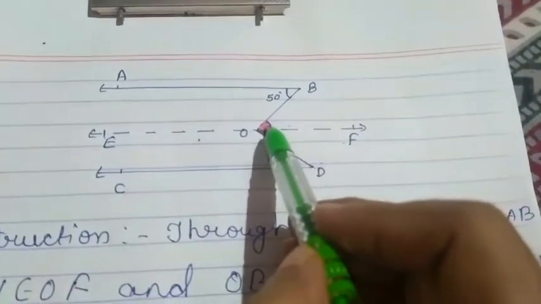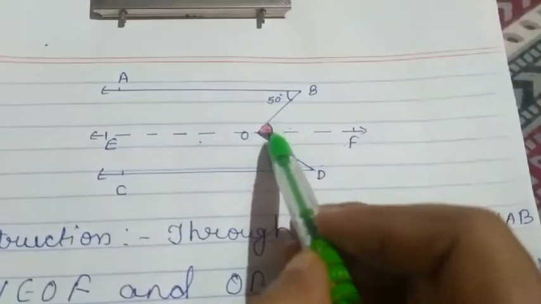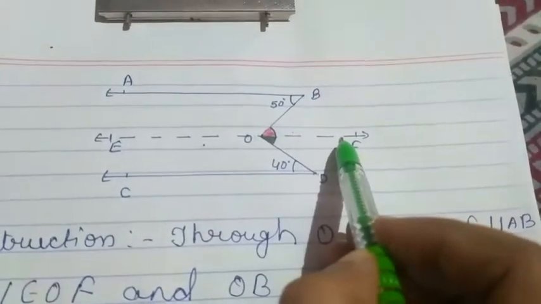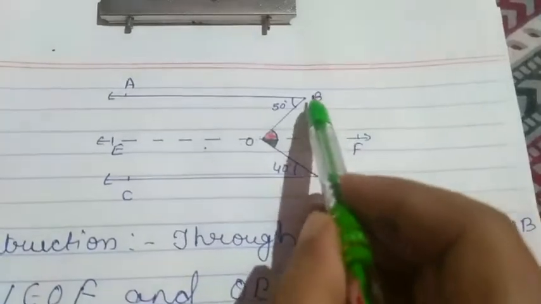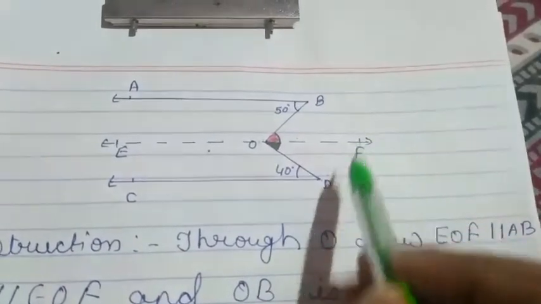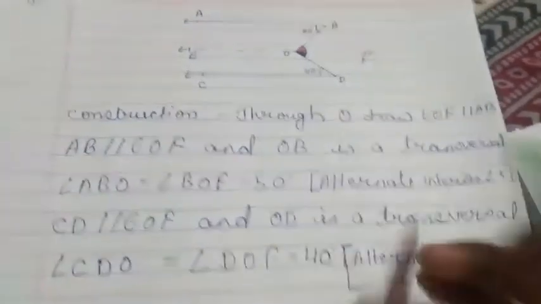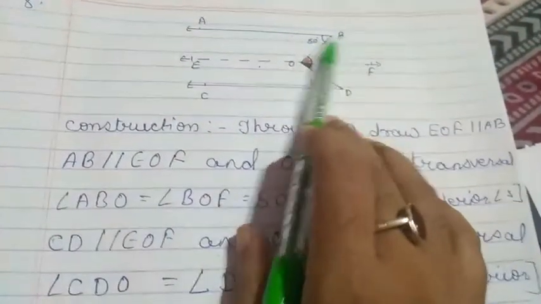So by which two angles comes here? So BOF, which two angles are coming here? BOF and DOF. When you join two angles, it makes BOD.